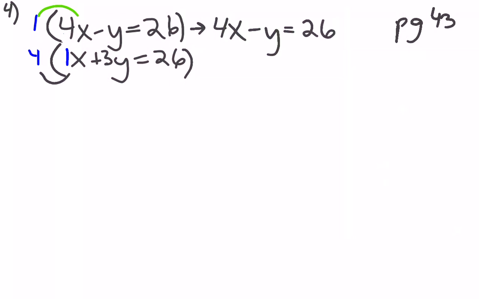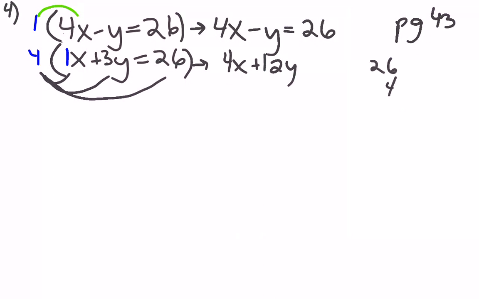This bottom one, we are going to be changing stuff since I'm multiplying by 4. So 4 times 1x is 4x. 4 times 3y is 12y. And 4 times 26 is going to be 104.